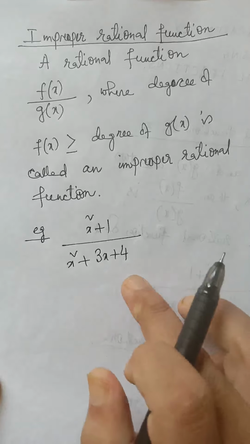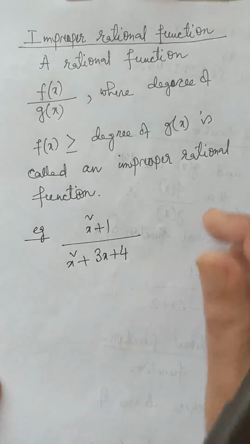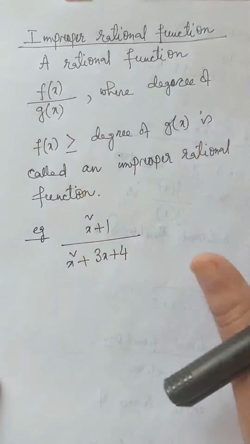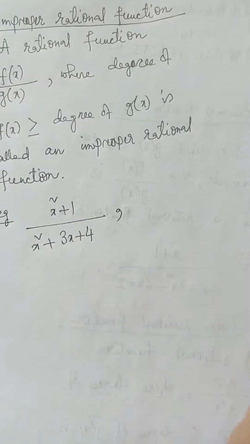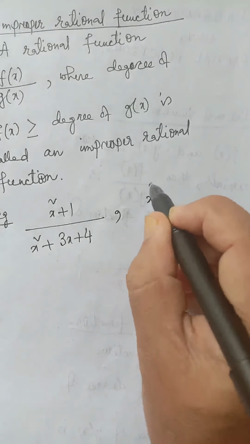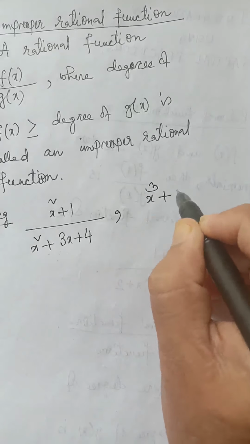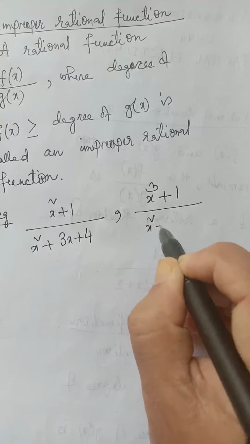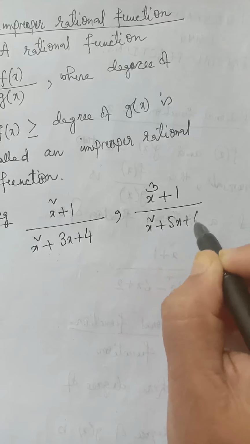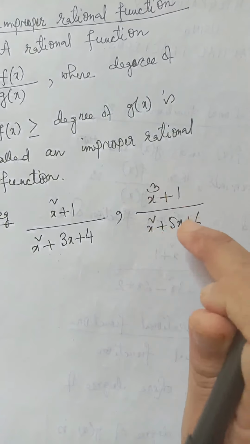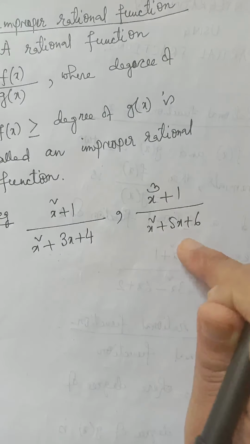This is improper because the degree of numerator and denominator is the same, 2 and 2. Another example: (x cube plus x square plus 1) divided by (x square plus 5x plus 6). Here degree of numerator is more than degree of denominator, so this is also an improper rational function.